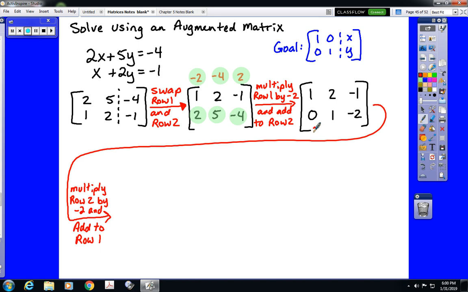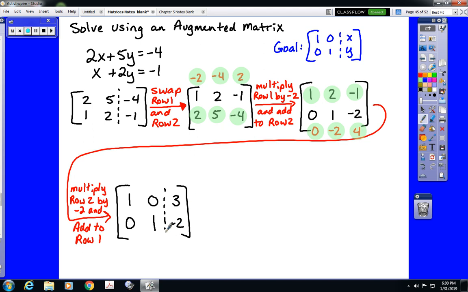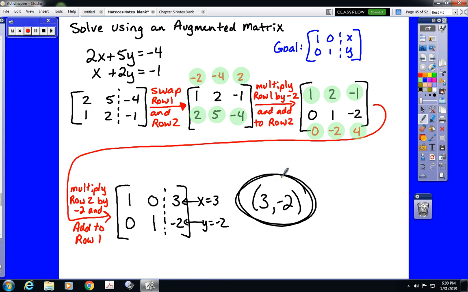So that would be 0, -2, +4, and then we would add those values together, which would give us our final answer for the augmented matrix part. Our new first row would be 1, 0, 3, and our second row is still 0, 1, -2. So again, that is done. Our answer is 3, -2. Let's do another one.